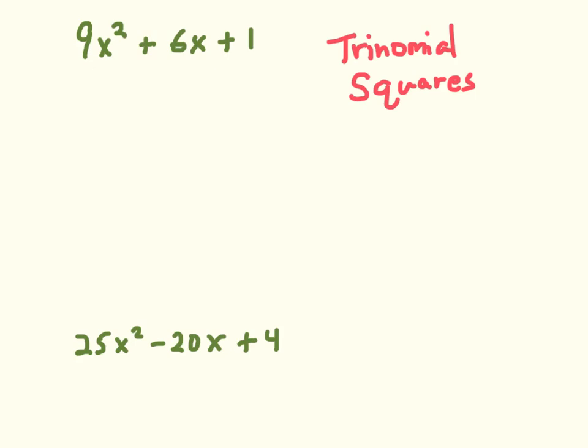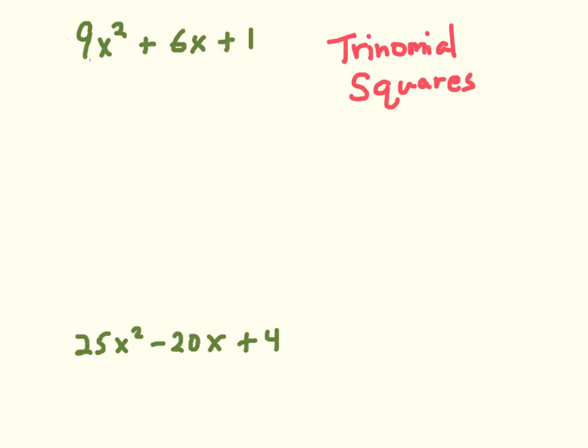That means they would factor to something times itself, just like a perfect square. That's what a trinomial square would do. And you can recognize those by noticing that's a perfect square, and that's a perfect square.